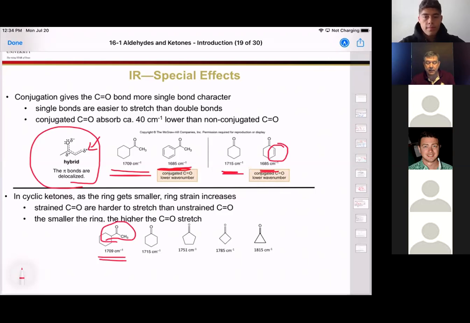And then by making it into a ring, we haven't really changed the number of atoms we have. All we've done is taken that carbonyl and put it in a ring. It actually shifts up in wave numbers. And by making that ring smaller and smaller and smaller, we're increasing the strain, and that number is getting to higher and higher wave numbers. And it has everything to do with that being pulled tighter and tighter out of that sp2 hybridized 120 degrees.